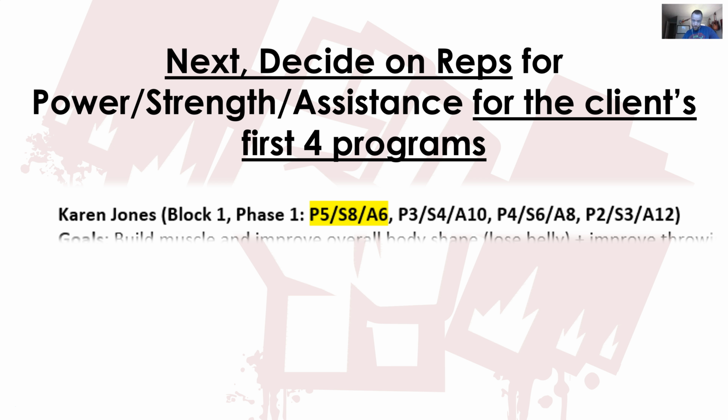So here we see Karen Jones, block 1. So this means this is her first block ever with us, okay? Phase 1. The first phase is highlighted. There are four phases to a block. So I know I said this earlier, but if she trains three days a week, and consistently, she will get through each phase in four weeks, which means it will take her 16 weeks to get all the way through this block.